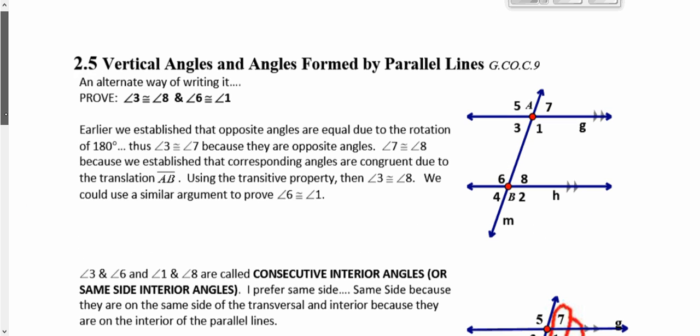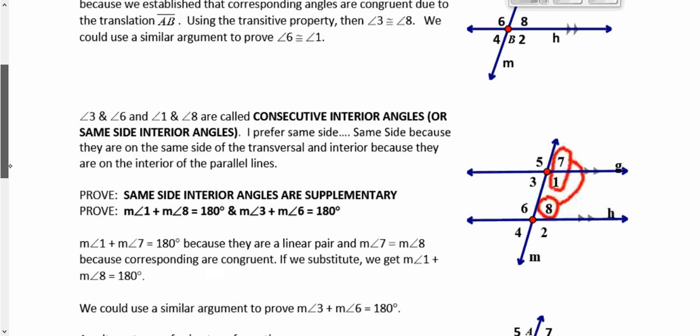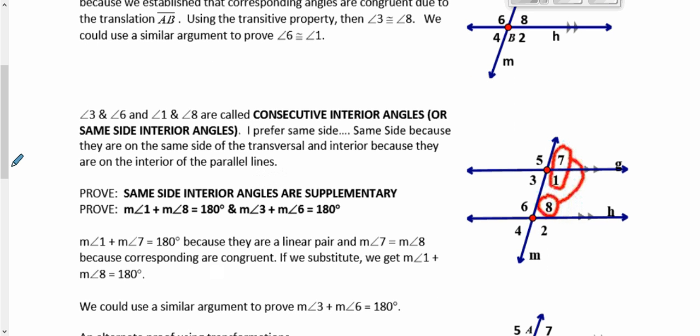Okay, consecutive interior angles, or same side, I guess. Same side, okay, same side interior angle. So that would be like 1 and 8, 3 and 6, okay? Well, let's think about this for a second. You guys know that 7 is congruent to 8 because they're corresponding angles, right? But what about 7 and 1?